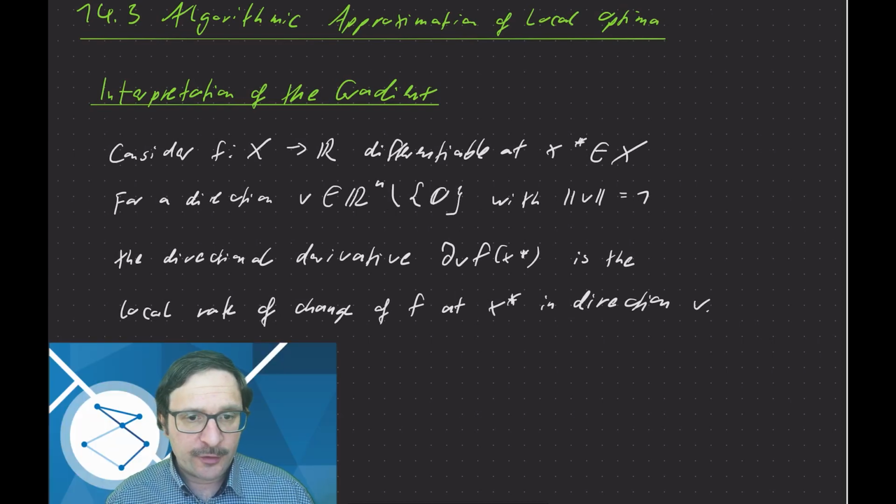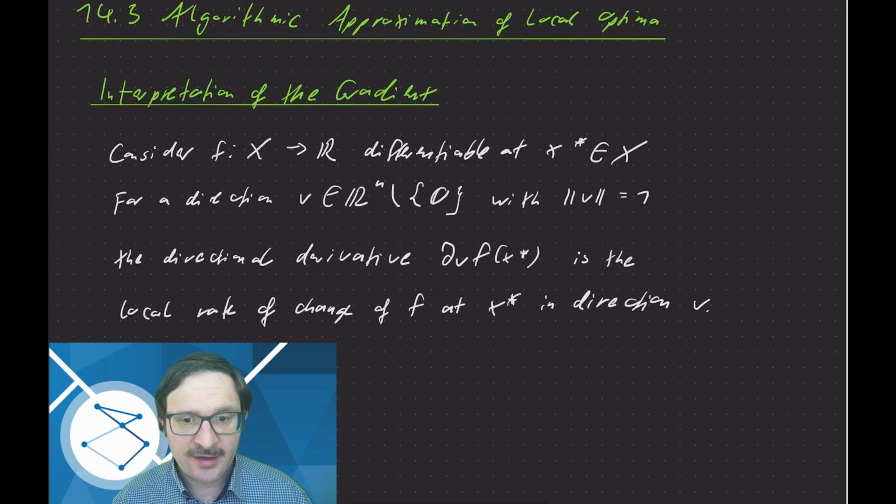And what we want, of course, if we want to optimize a function, is to find the direction that has maximum rate of change, either in the positive or in the negative sense. So we'd either like to have a maximum positive rate of change and walk in that direction to increase the function value as fast as possible if we want to maximize.